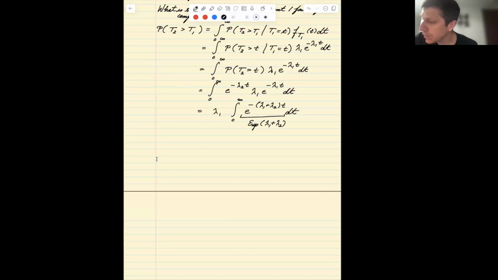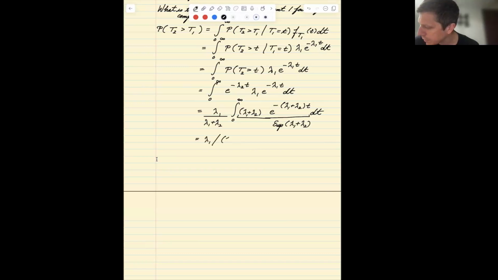Then what I'm left with is something in the integral that has to integrate to 1. And so my answer is lambda 1 over lambda 1 plus lambda 2.